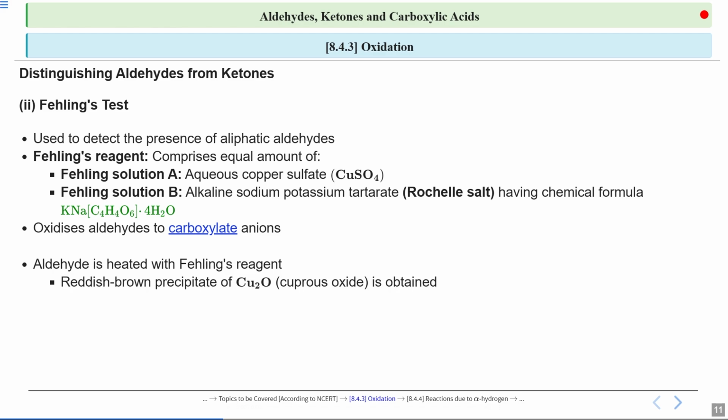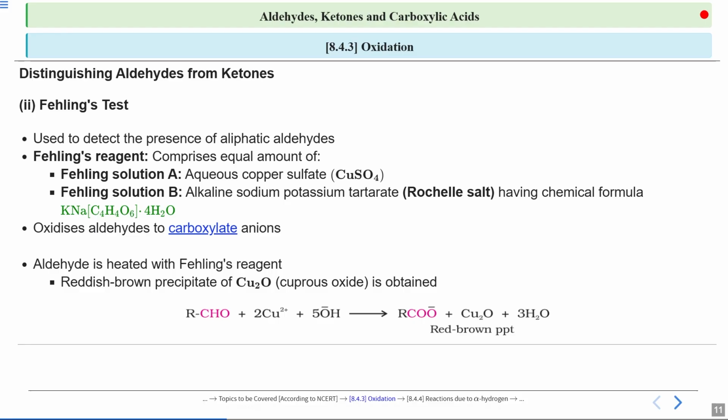This reaction results in the formation of a reddish brown precipitate of cuprous oxide, which is Cu2O. This precipitate confirms the presence of an aldehyde, because ketones do not produce this result. Only in the case of aldehydes will you see this precipitate formed, and specifically we are discussing aliphatic aldehydes. You need to remember it.